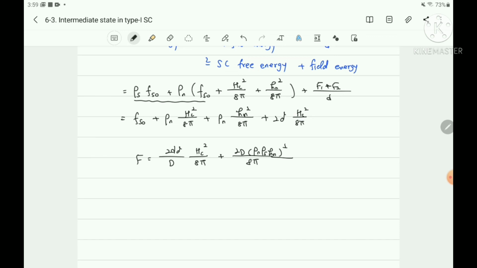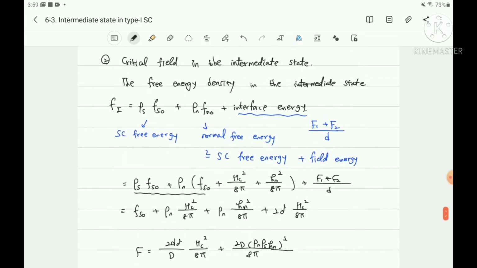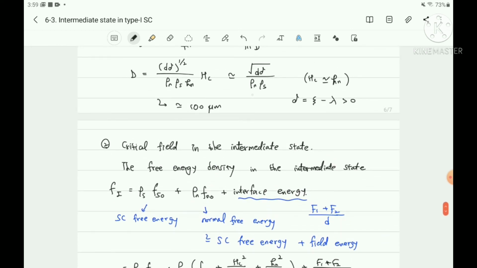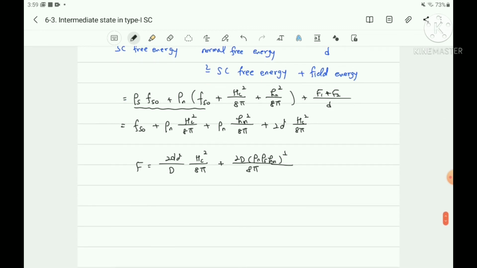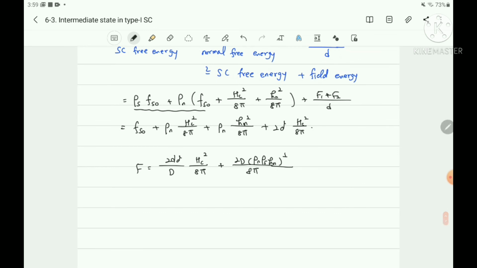Also here is the d. d is like this: 1 over d is rho n rho s over square root d delta, plus 2 pi rho n rho s Hn square times, and the d square root d delta over rho n rho s.